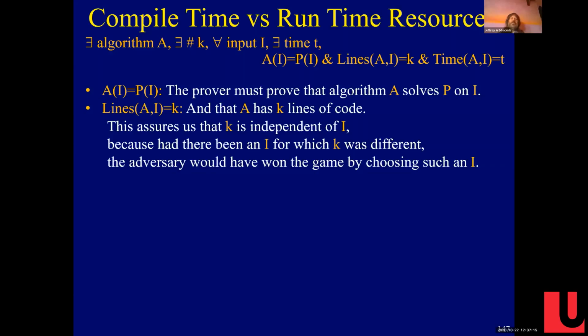All right? So I got really anal about people understanding this because this was a finite state automata, and this was the number of states in that finite automata. But that's more confusing because you don't know what a finite automata is. So instead, I'm talking about Java code and number of lines of code because you know what those are. And you know in your heart that the number of lines of code doesn't depend on the input.